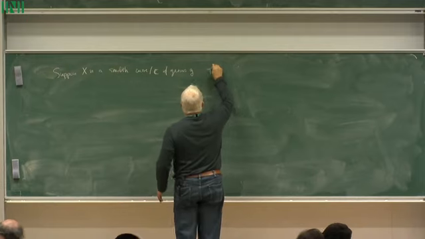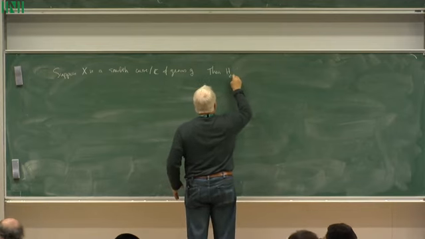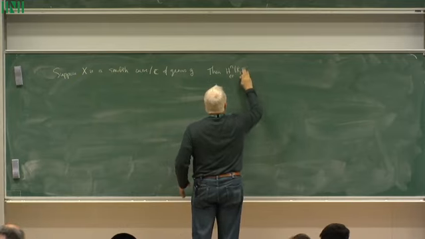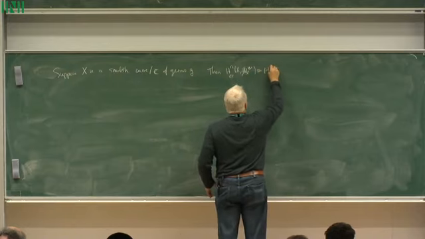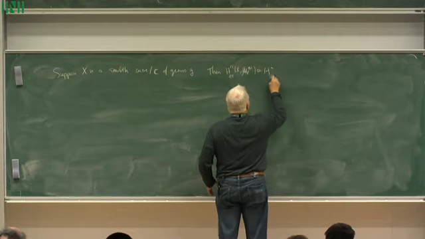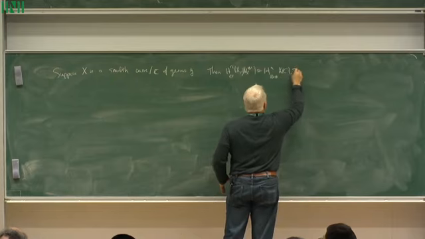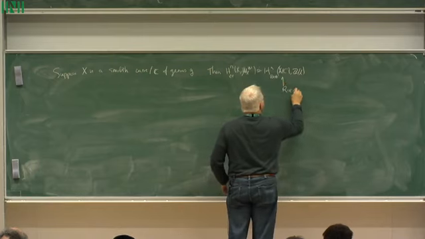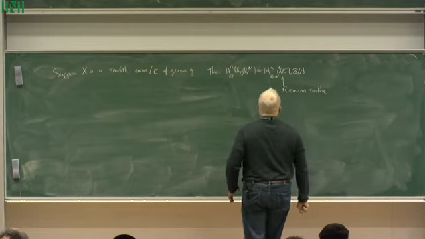So then what we know is that the étale cohomology of X with coefficients in mu_L tensor i is the same thing as the nth Betti cohomology of the corresponding Riemann surface, with coefficients Z mod L.